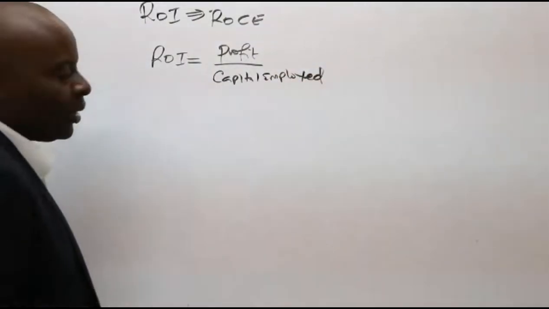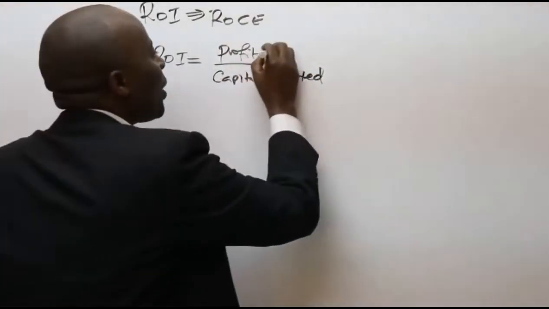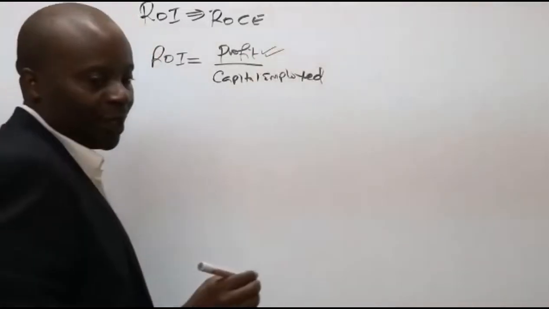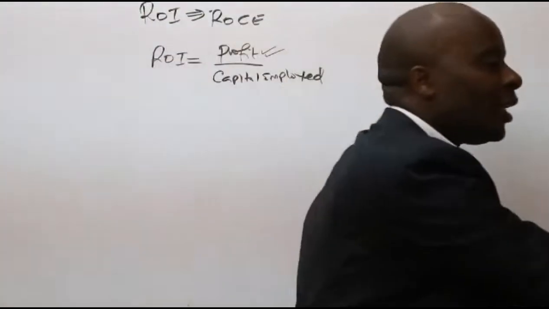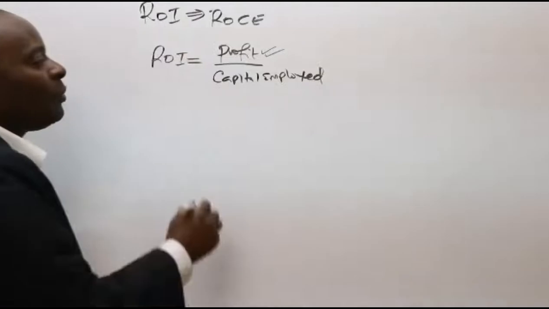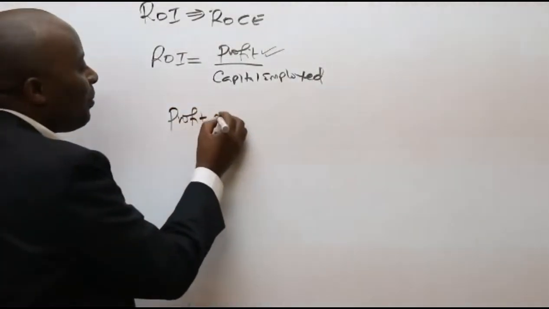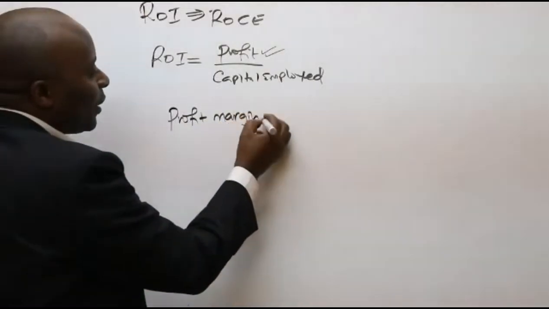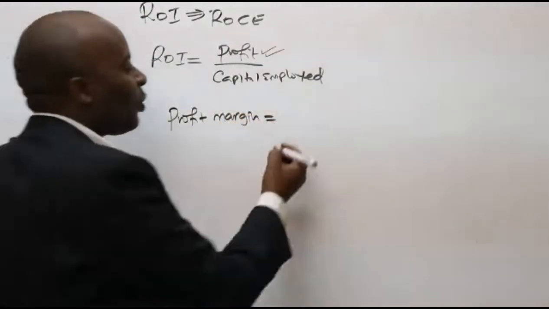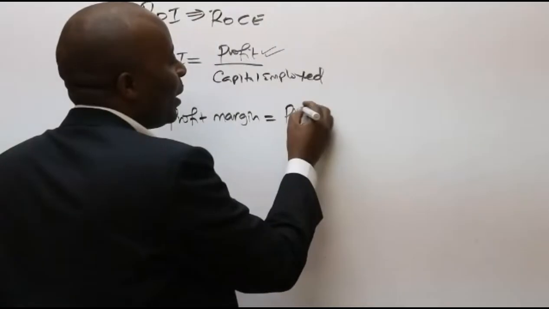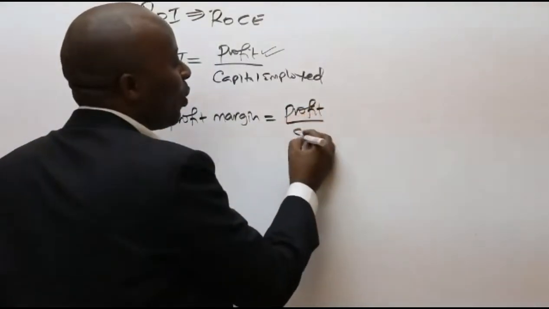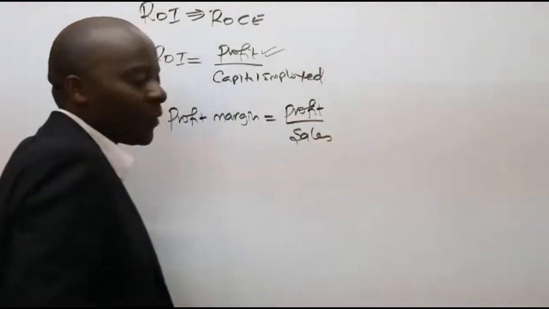Now, this examiner tried to deny us the profit. Instead of giving us profit, he gave us the profit margin, but we are brighter than that. We know that to get profit margin, we take the profit over sales.